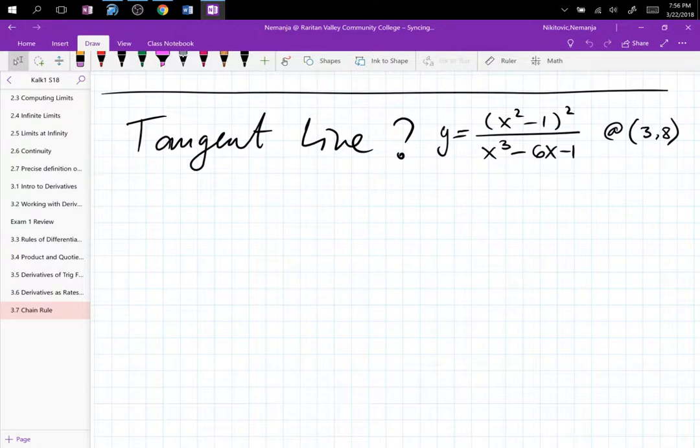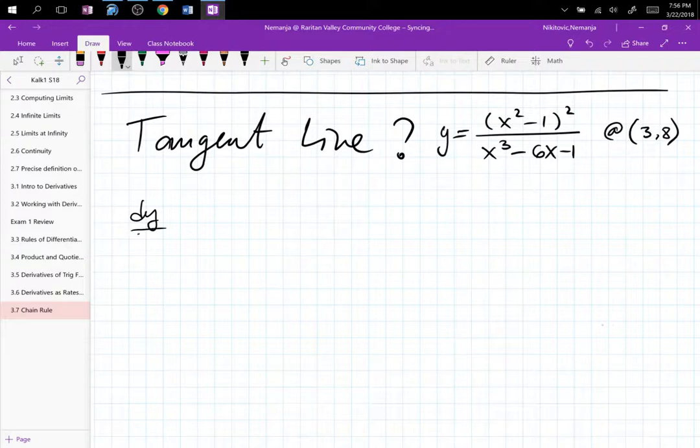So what do we have here? Well, we have a function. The first thing we need to do is to take the derivative of this function so that we can find the slope. So the derivative is quotient rule with the chain rule embedded.